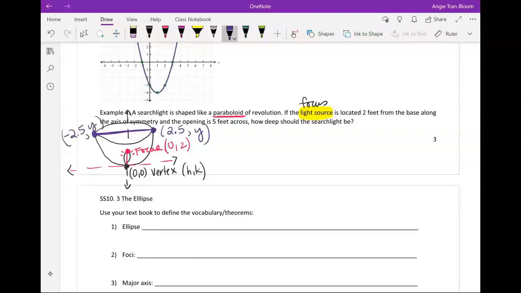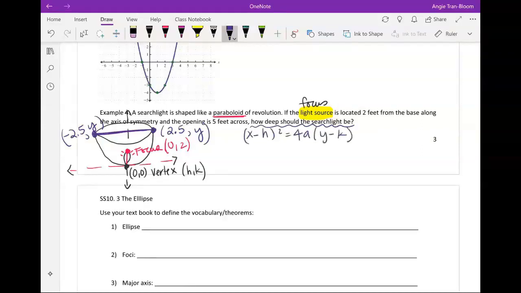And again, when you can, always try to put the vertex at the origin. So now what is it looking for? It says, how deep should the searchlight be? How deep means I'm looking for the height of this searchlight. I'm looking for the height means I'm looking for the y value. Since it opens up and the vertex, so let's put it back into the formula of a parabola. Opens up meaning that your formula is x minus h quantity squared equals 4a times y minus k.